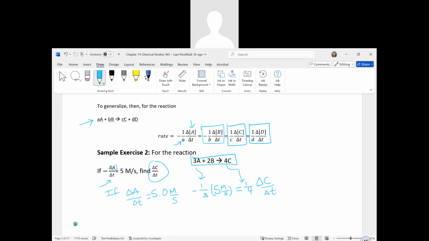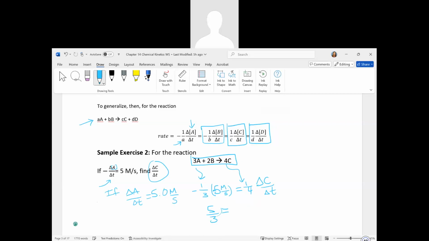We can cross multiply and we would end up with 5/3, because this is actually a negative rate. This is my rate of disappearance. So we get 5/3 equals 1 over 4 times x, and we can solve for our x, our concentration here. Sorry, some of that disappeared there.